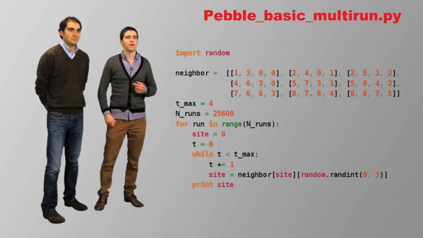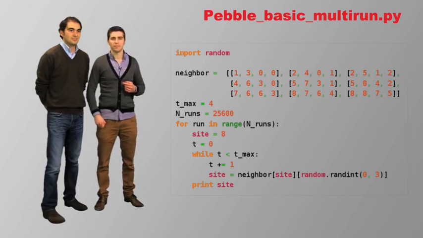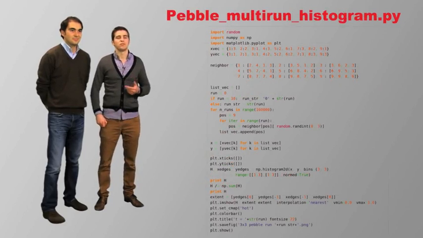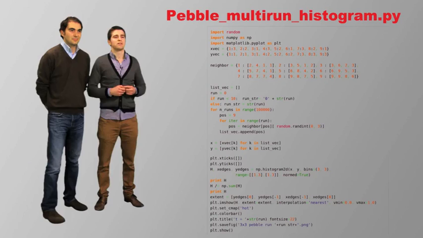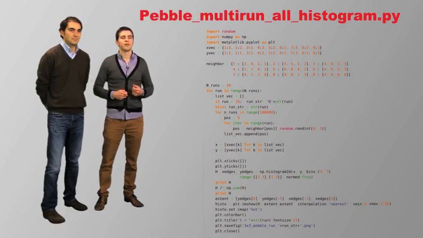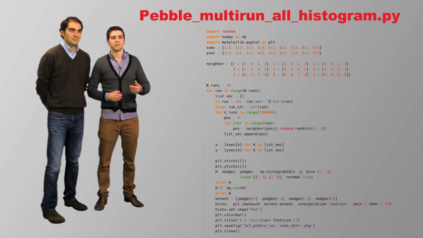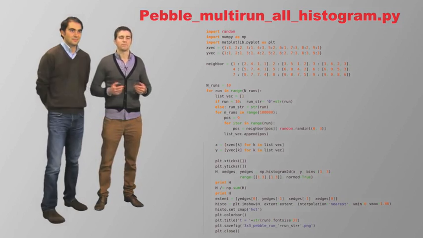On the Coursera website, you will find the program pebble_multirun.py and also the program that allows you to generate the histogram at time t max. There's also a program which generates all the histograms at times t equal to 0, t equal to 1, and so on in one run.